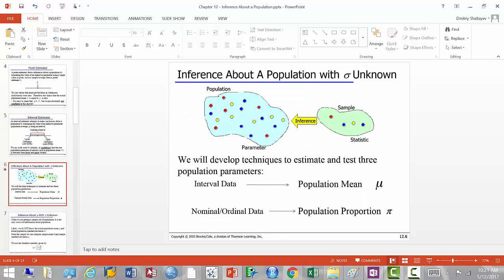So the estimation of the population parameter, today we're going to apply to 2 different types of problems. We're trying to estimate the population mean in case you have a continuous or interval data, and also in case you are trying to estimate the population proportion. Well, that happens when you have categorical data, nominal or ordinal.